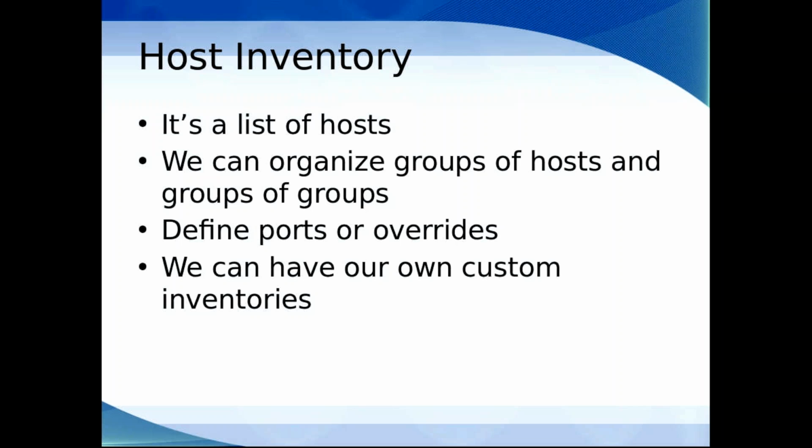Okay. So coming to the basics of Ansible, there is a structure in Ansible, with different types of files and folder structure. The main thing is the inventory file. Okay, the inventory file is a list of hosts.